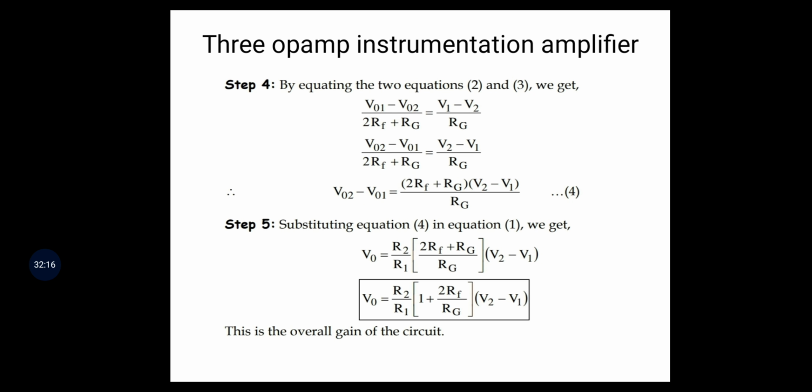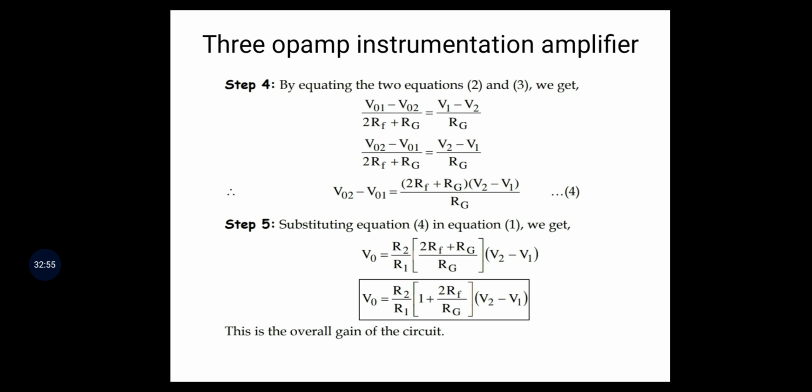Next, by equating equations 2 and 3, we get (V01 minus V02) by (2RF plus Rg) equal to (V1 minus V2) divided by Rg. So V02 minus V01 equal to (2RF plus Rg) into (V2 minus V1) by Rg.